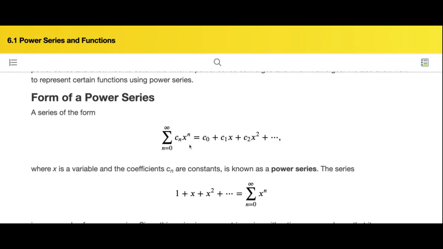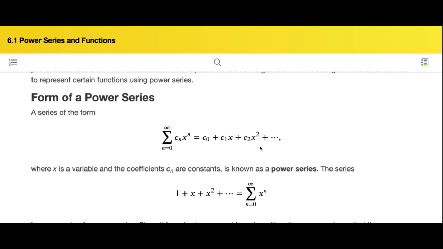Let's see this one, a series of the form summation n goes from 0 to infinity. Okay, we used to let n go from 1 to infinity. So here we allow 0, so we allow n to be 0. So c_n x raised to n, right? So n goes from 0 to infinity. So we have c naught, the first term, which is a constant, which is just a number, plus c1 x plus c2 x squared plus blah, blah, blah.